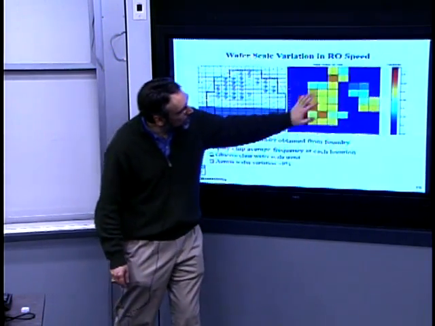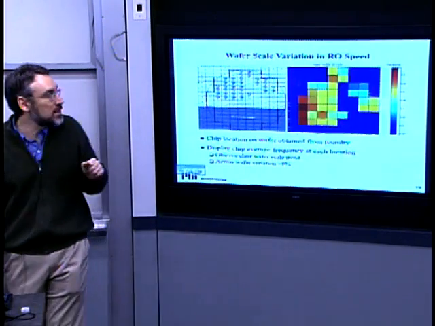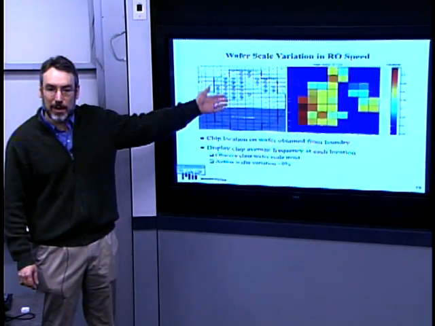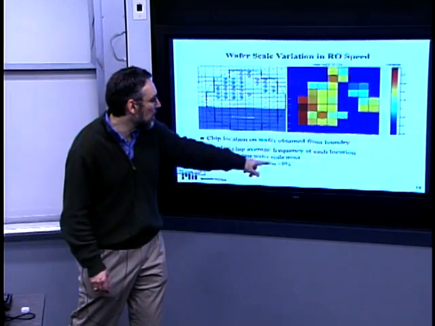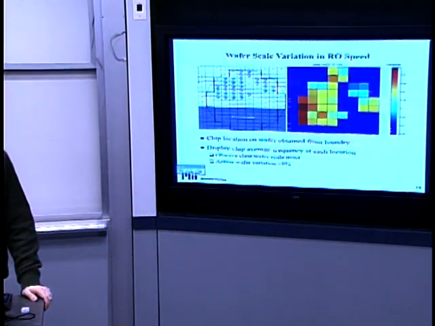You can see a spatial trend from one side of the wafer to the other. This is telling us there is a wafer level non-uniformity, and in fact that across wafer variation is about 9% in speed of these devices.